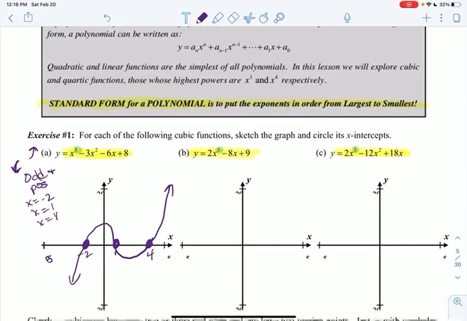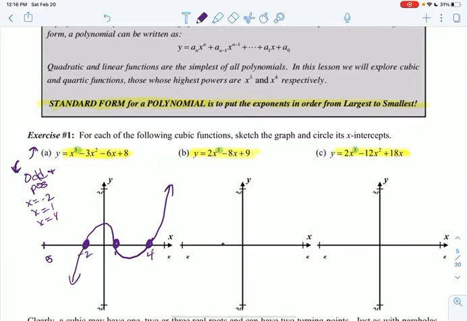Now, if I do b, y equals 2x cubed minus 8x plus 9, I can see that there is only one root. Let me pull up my calculator so I can look at it. I forgot to write down what it was. On that second one, my root is actually going to be a decimal, somewhere between -2 and -3.